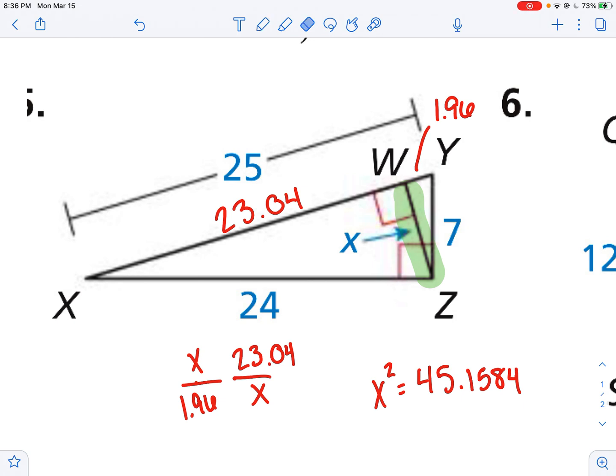Now if you take that number, square root it, you get 6.72.